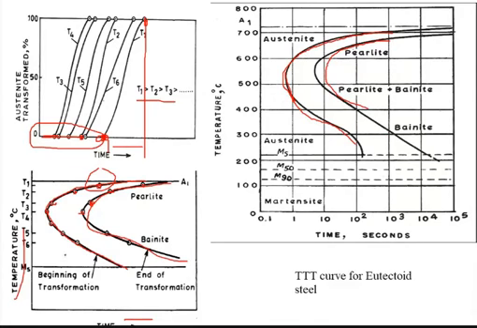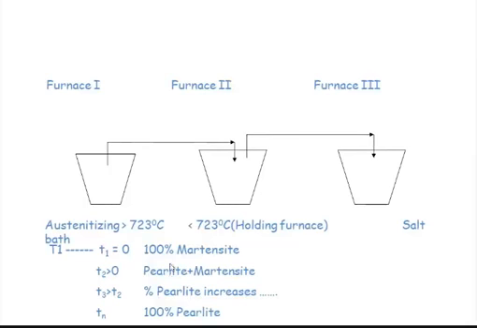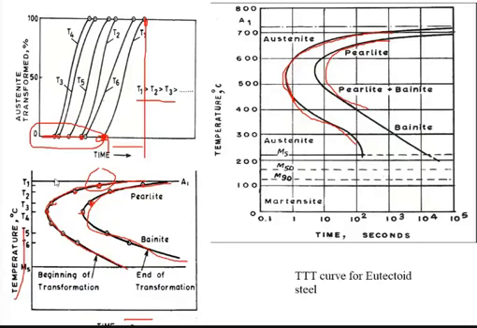And by experimental data, we obtain the time required for pearlitic transformation. As we know from the previous study, for each test temperature we have determined the time required for transformation of austenite to pearlite.